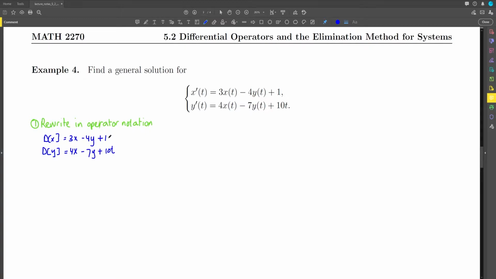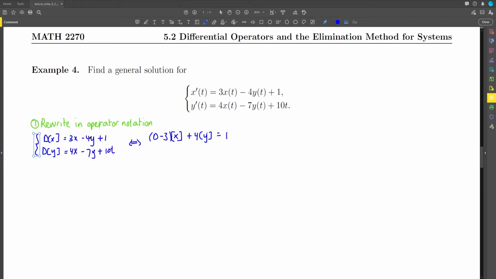Now we can simplify or rewrite that as follows by bringing everything with x and y on the left side. So when I subtract 3x, I can write this as D minus 3 acting on x, and then plus 4 times y equals 1.